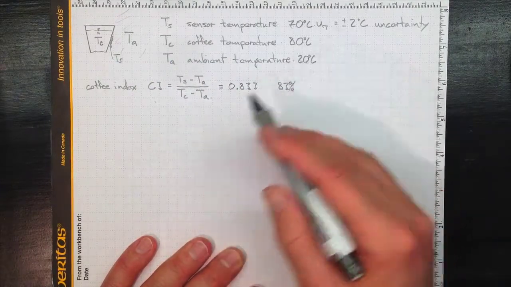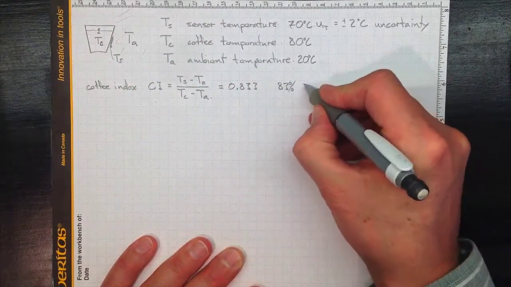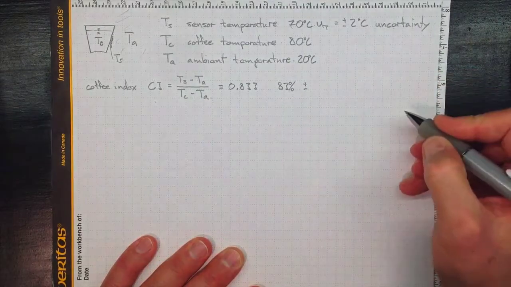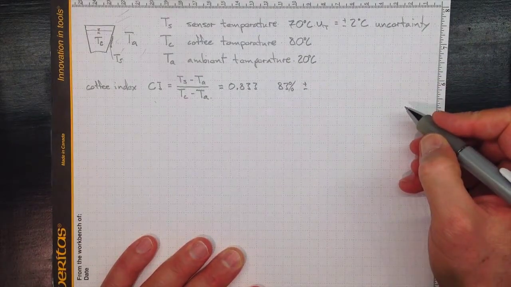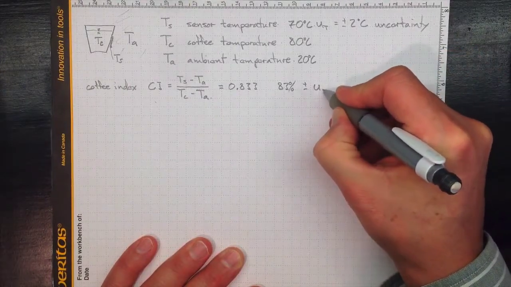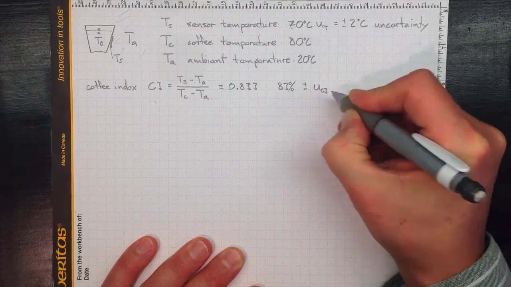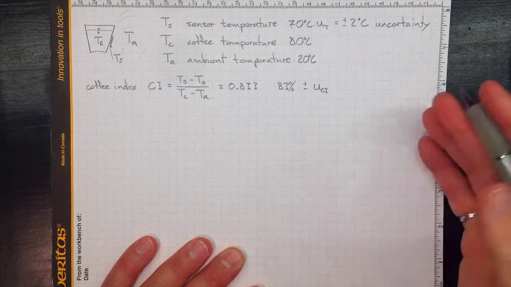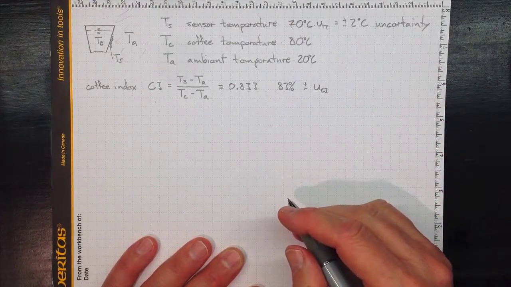Now we'd like to know what our uncertainty is in this coffee index that we're using for a measurement. It's got to be some uncertainty value, and we need to figure out what it is.